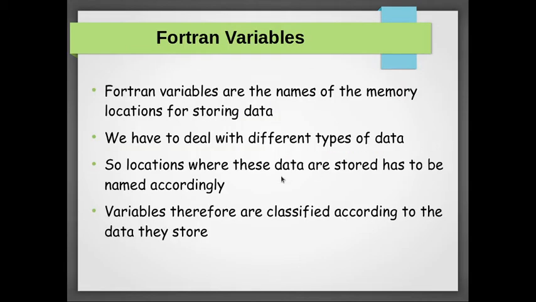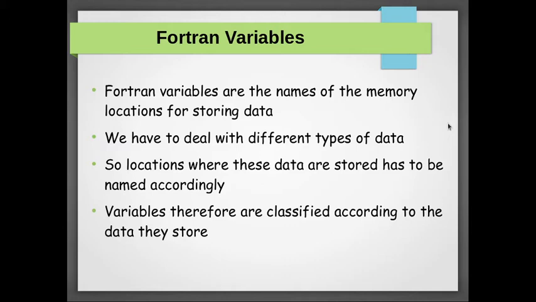What are these Fortran variables? These are nothing but the names of memory locations for storing data. When we do programming, we are basically trying to solve a particular problem. In the process, we have to deal with different types of data. Simple example, if I want to add two numbers, I have to supply the numbers to the compiler or to the computer.